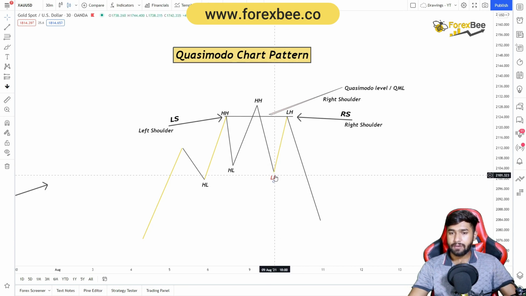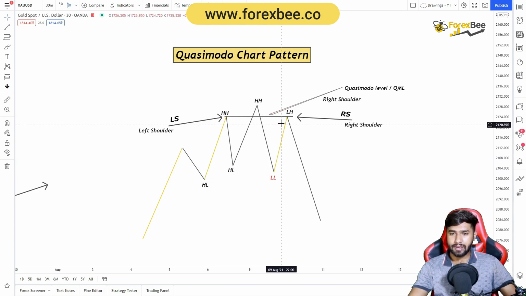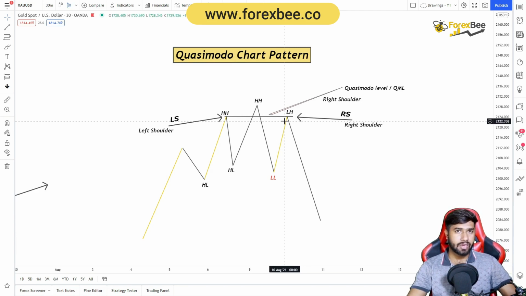What's gonna happen is after breaking this higher low and the formation of this lower low, the price is gonna go back and retrace in order to pick up or fulfill the pending orders that were placed here. Now these are some big institutional moves, and we as retail traders need to trade with the big institutions so that we have a higher probability of making some profit.